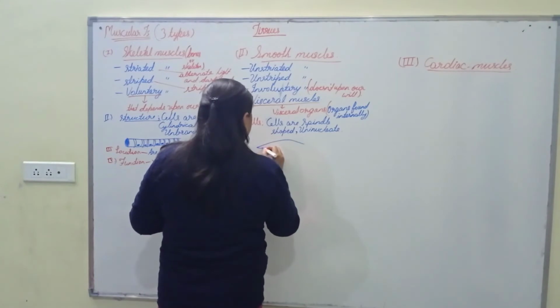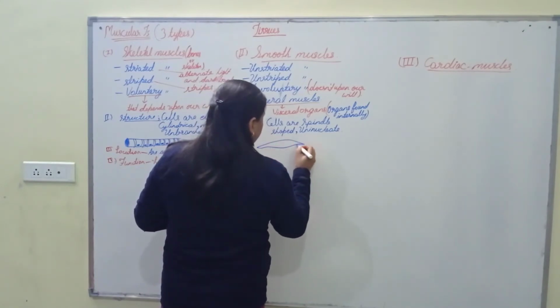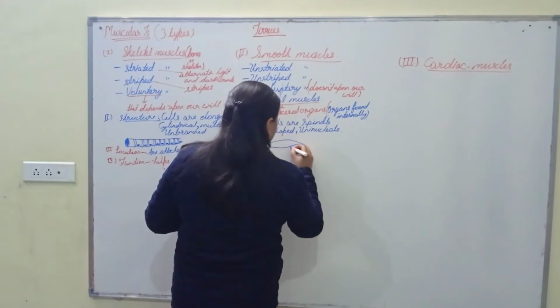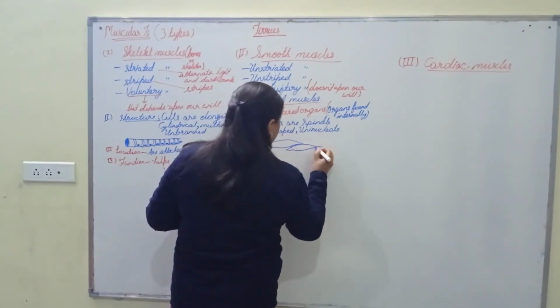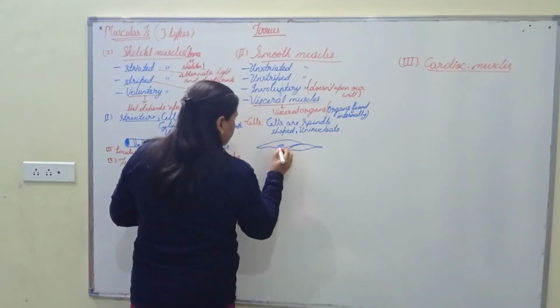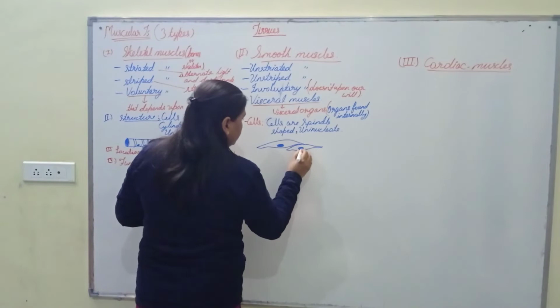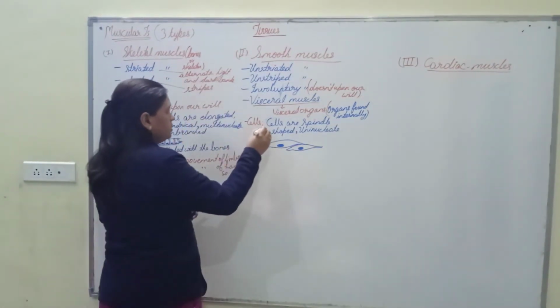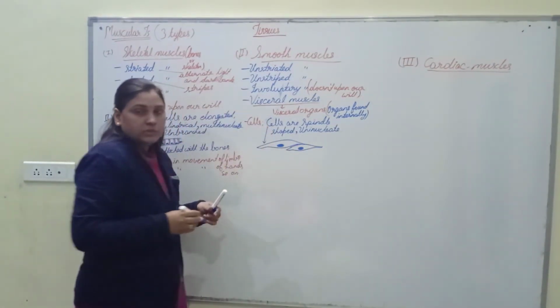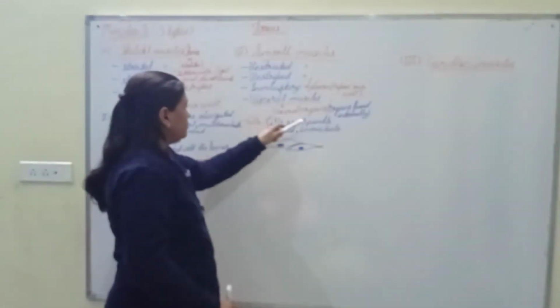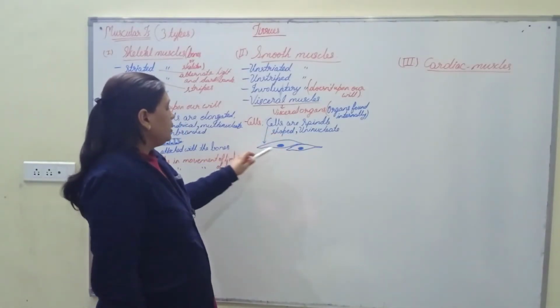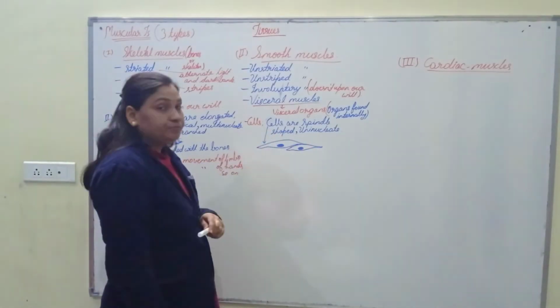And if we make the diagram of this, we find that the nucleus is big, large and prominent, and this is the cell found in the muscular tissue, smooth muscles. So these are spindle shaped, having tapering ends, uninucleate.